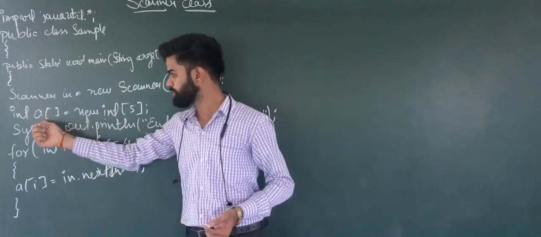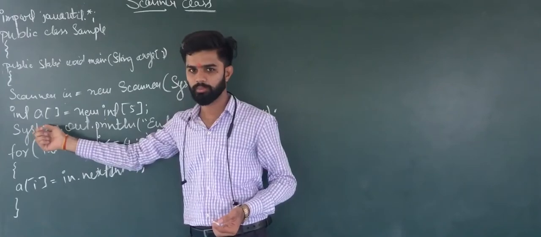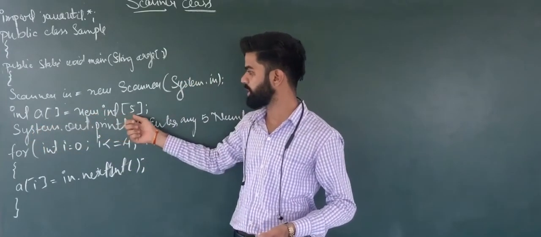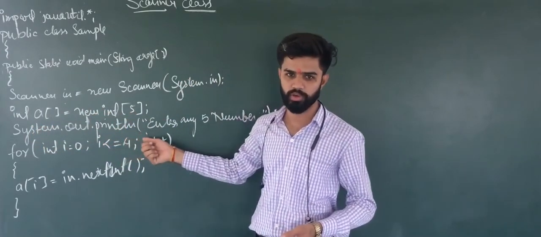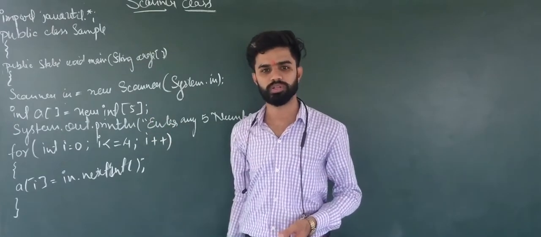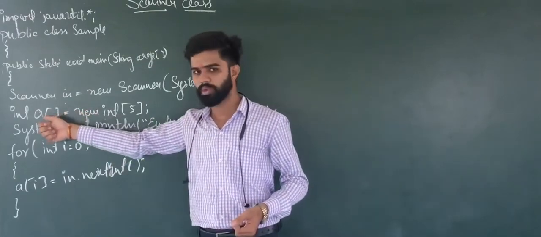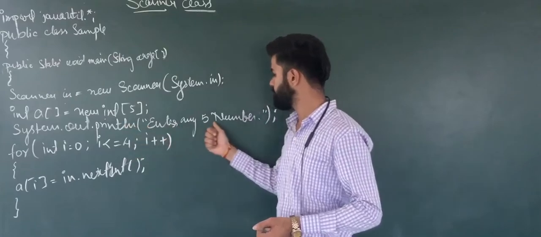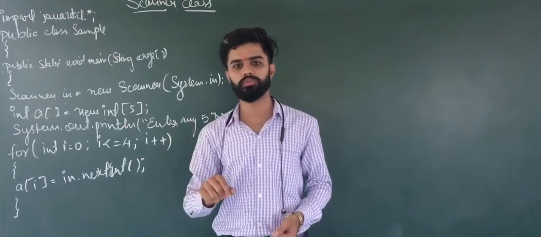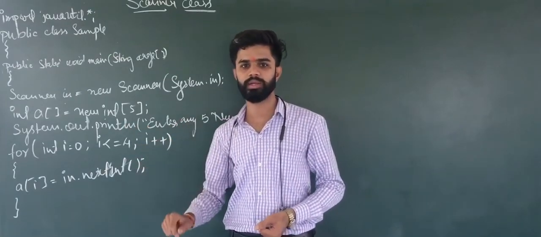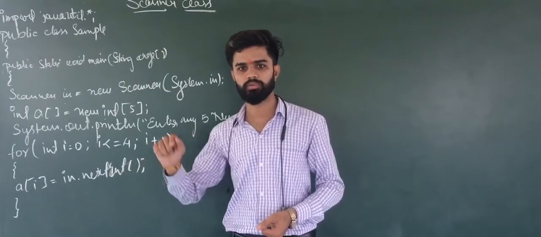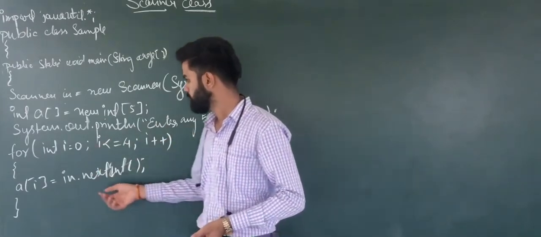And now we are creating a variable a, an array type integer variable, and in this variable we can store 5 different values. It means there are 5 blocks formed in this array type variable. So now enter any 5 numbers, like 10 enter, 12 enter, 17 enter, 100 enter, whatever numbers.